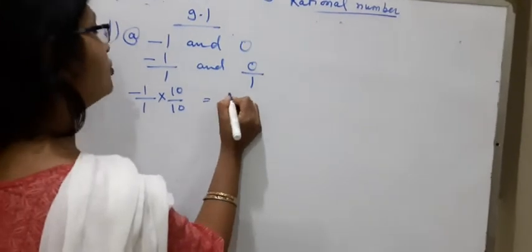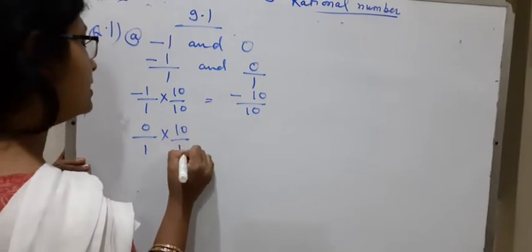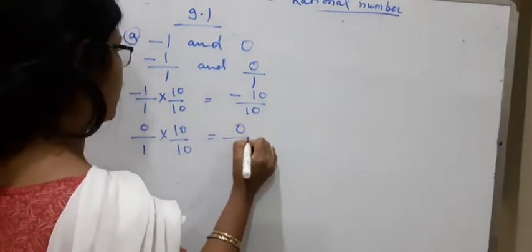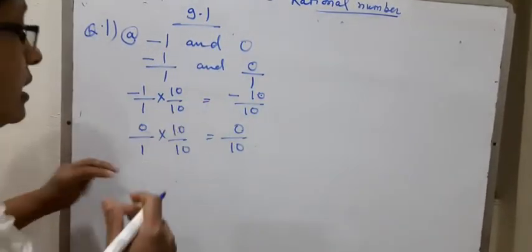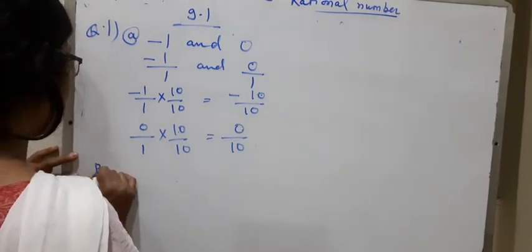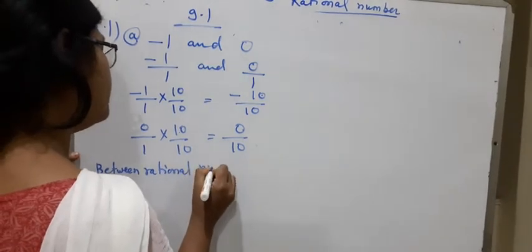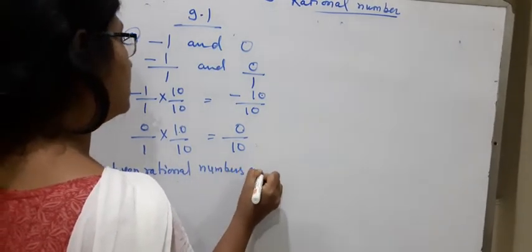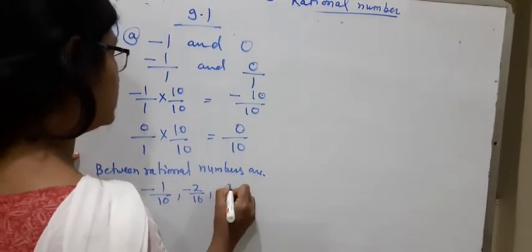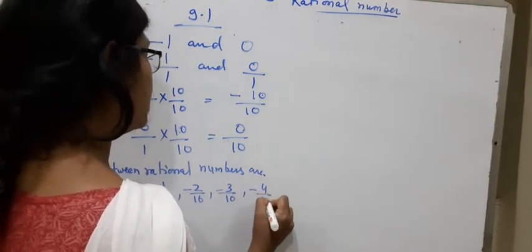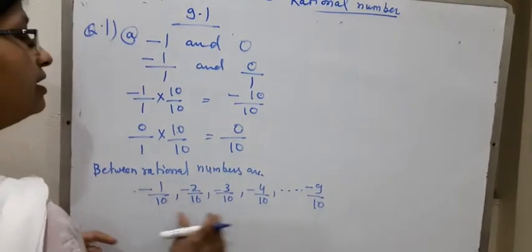So we get -10 by 10, and 0 by 1 multiplied by 10 by 10 gives 0 by 10. So between -10 by 10 and 0 by 10, the rational numbers are minus 1 by 10, minus 2 by 10, minus 3 by 10, minus 4 by 10 and minus 9 by 10.